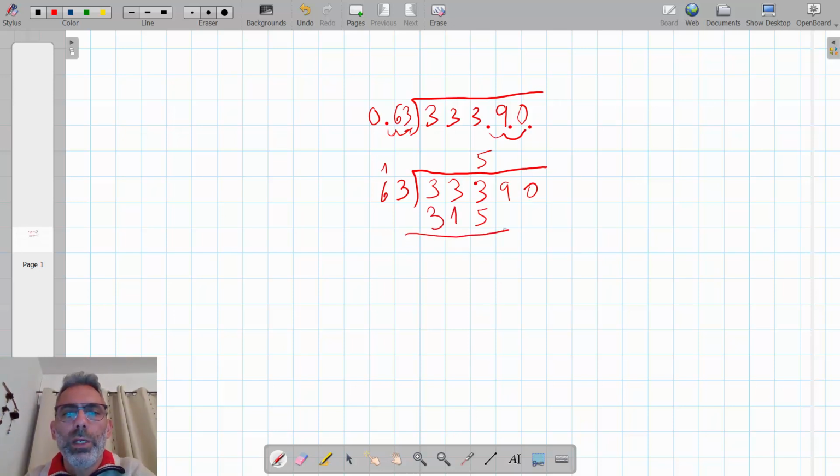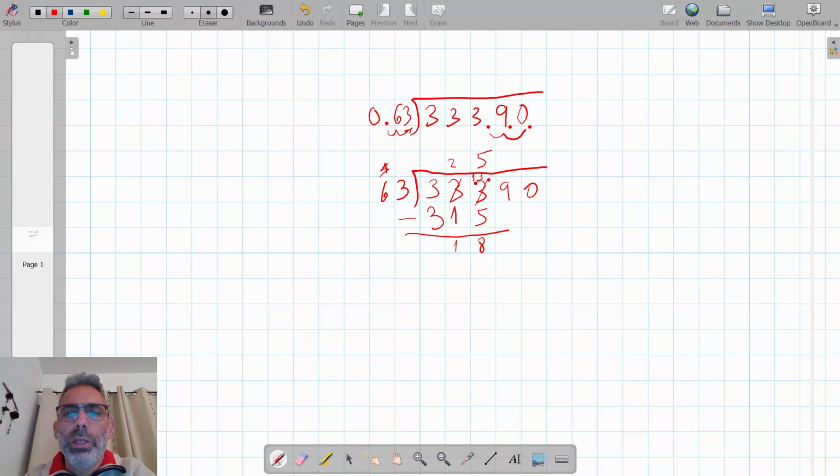Okay, now I subtract. Cannot subtract 3 minus 5, so I regroup. This becomes 3. This becomes 13. 13 minus 5 is 8. 2 minus 1 is 1. 3 minus 3 is 0. Okay.